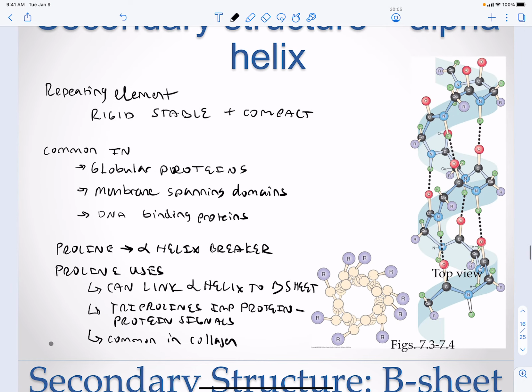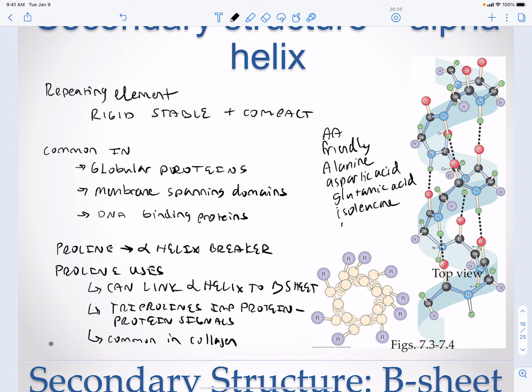All right, so just another side note about alpha helixes is there are some amino acids that favor alpha helixes. We have amino acids that are friendly, and these are going to be alanine, aspartic acid, glutamic acid, isoleucine, and leucine.